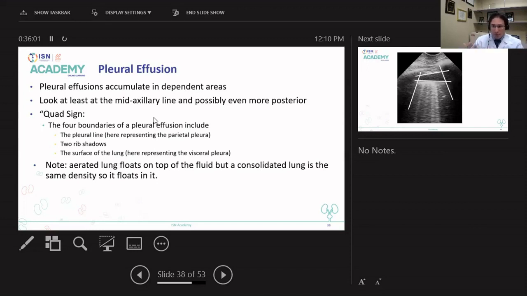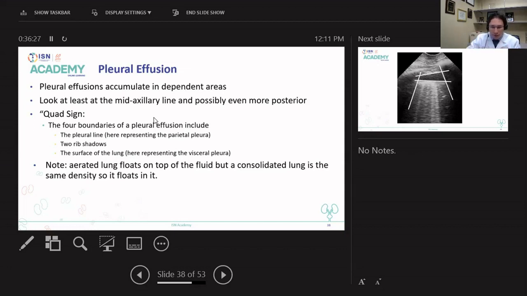Oftentimes there could be lung rockets and B-lines underneath it. And just a note that if you're seeing lung with a surrounding pleural effusion, if that lung is aerated, it's going to appear to be floating on top of the water, as opposed to a consolidated lung. That lung is going to appear to be more floating in the water.